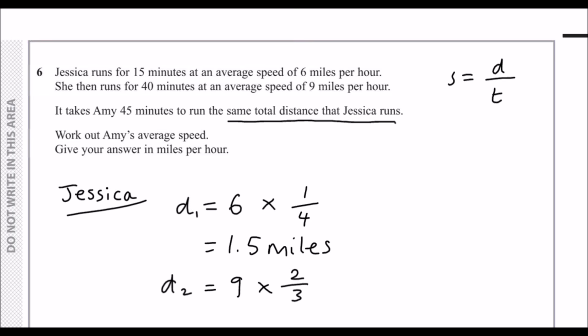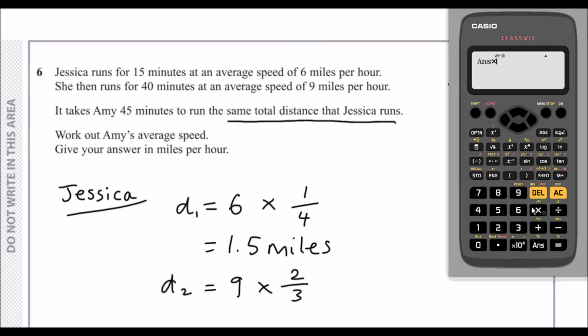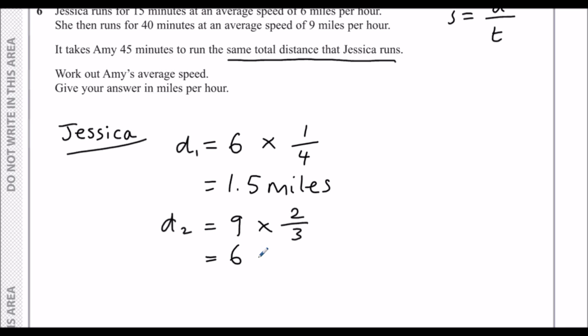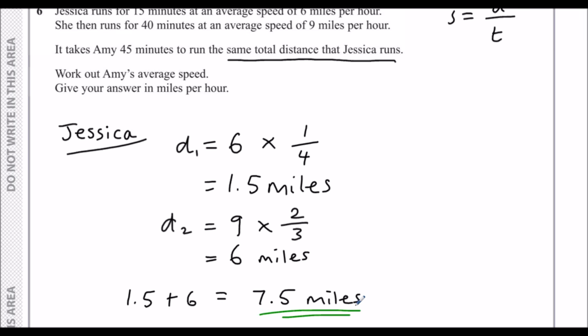So 9 times 2/3 is 6 miles. So the total distance, 1.5 plus 6 is 7.5 miles. And that's how far Amy runs.